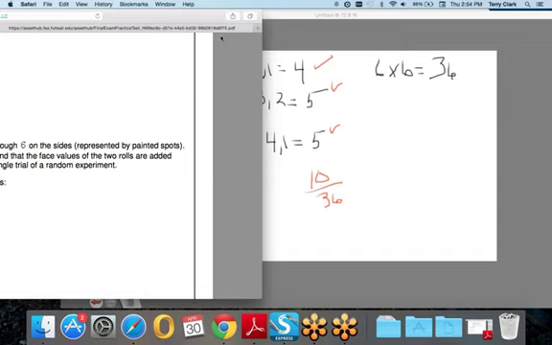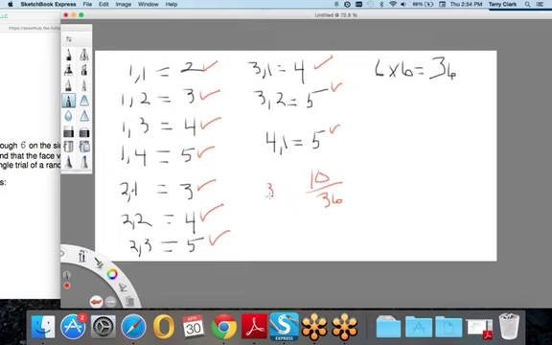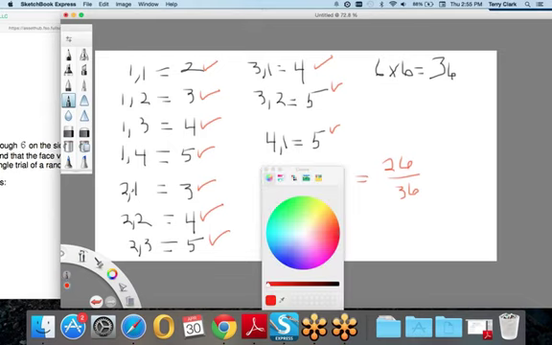So if 10 of them out of the 36 are 5 or less, then the rest have to be more than 5. Okay, so the way I can do that is I can say, okay, well, I'm going to take 36 over 36 because that's everything. And then I'm going to subtract 10 over 36 from it. And then that's going to give me 26 out of 36. And then I can simplify that down by dividing both of these by 2.